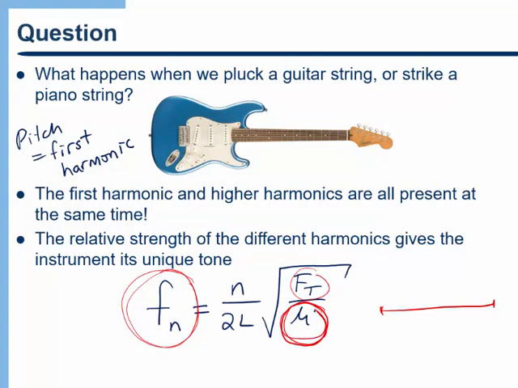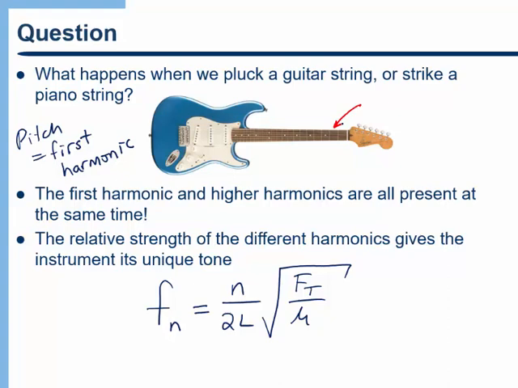We need a thicker string. On the other hand, to get higher frequencies, we want thinner strings so we don't have to have them at too high a tension. And so just looking at that formula, you can understand why it is that on the lower notes of a guitar, the strings are thicker, on the top, they're thinner, and that it all works in that way.